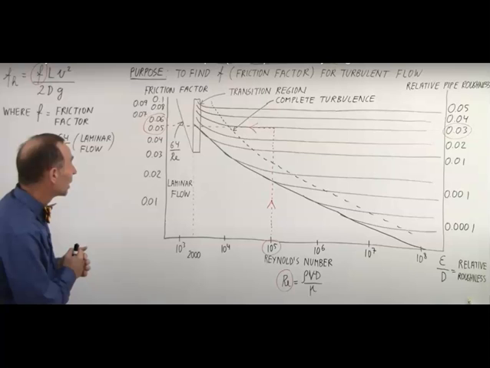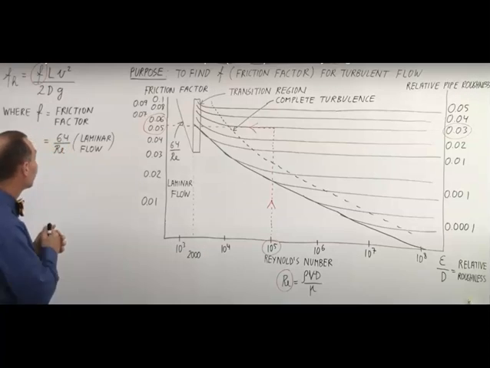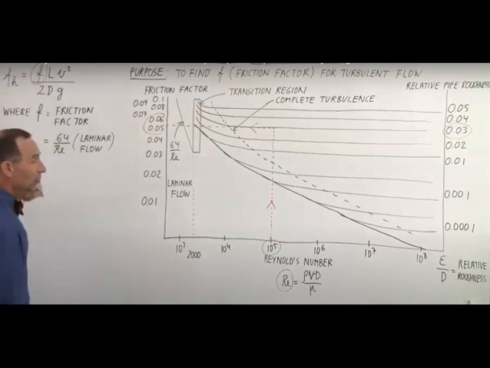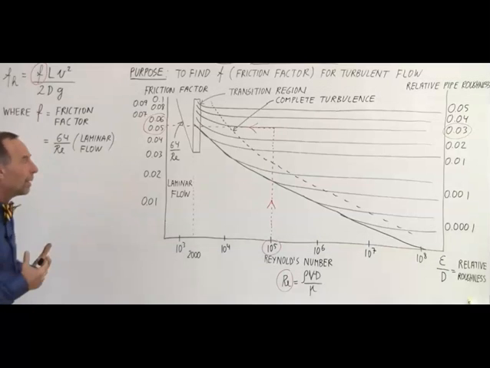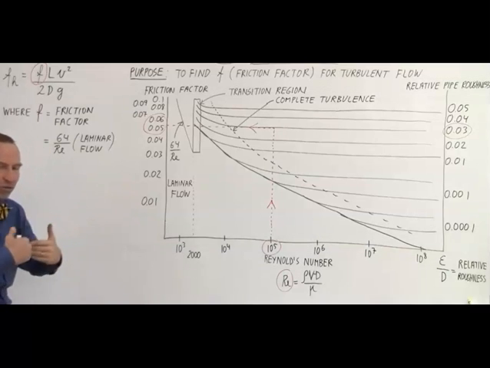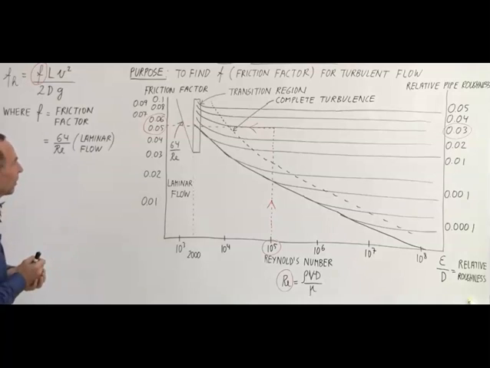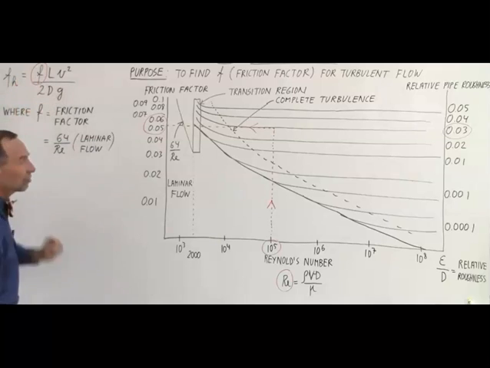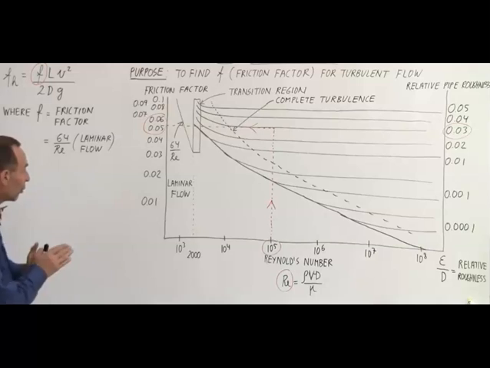Okay, now we will learn how to read a Moody diagram. We've figured out that there's something called the frictional head loss in fluid flow in a pipe when there's internal friction because of the construction of the pipe, and because of what happens inside, the molecular forces of the fluid flowing through the pipe. To calculate the frictional head loss, we found this equation right here, which included what we call the friction factor.